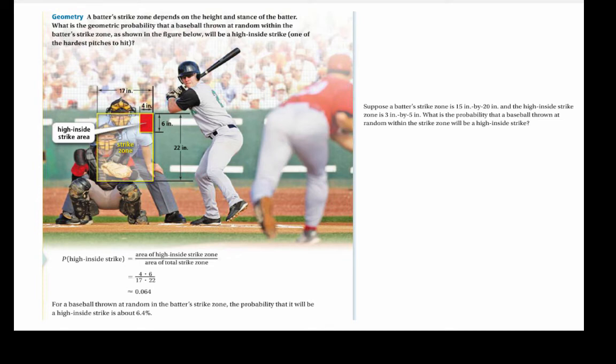Okay, so here's another, similar example. Suppose a batter's strike zone is 15 inches by 20 inches, and the high inside strike zone is 3 inches by 5 inches. What is the probability that a baseball thrown at random within the strike zone will be a high inside strike? So we want the area of the high inside over the area of the strike zone.